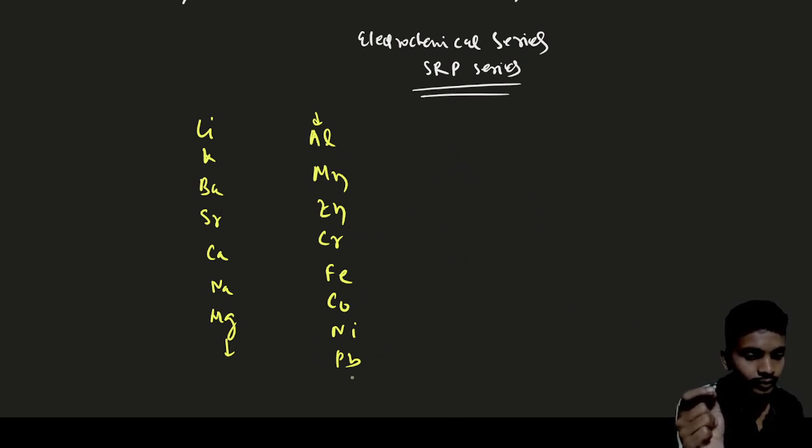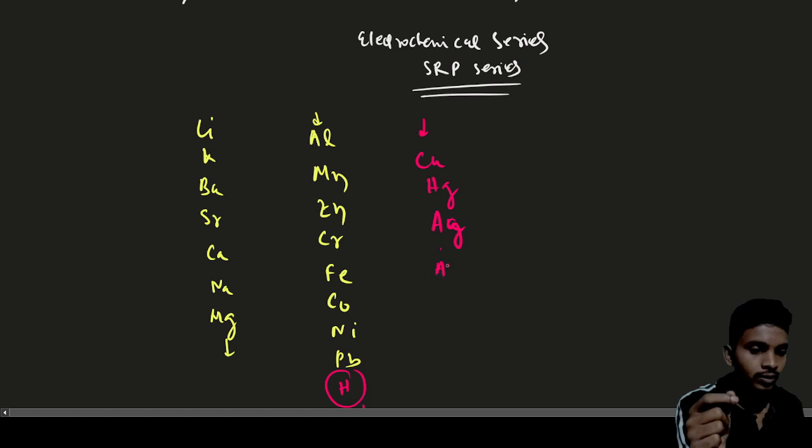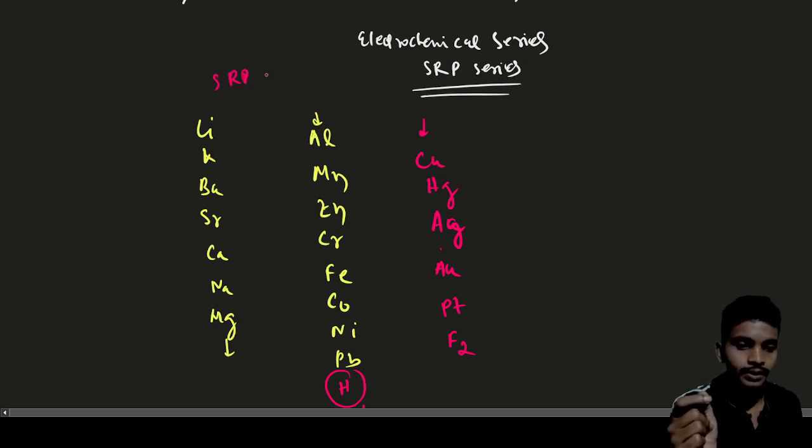And after that this H will come, and after that from here, copper, Hg, silver, gold, platinum, then F. So this we have to remember, this series. This is the SRP series.